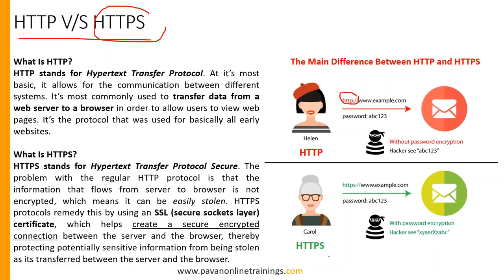When you come to HTTPS, the data will be more secure. So when I enter a password like this, internally it will be encrypted like this. So even though a hacker can see the data, he can see only the encrypted format. He can't understand anything. Till the data reaches the server, the whole data will be in encrypted format.